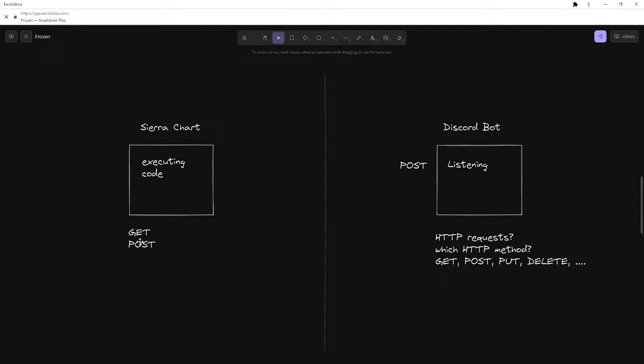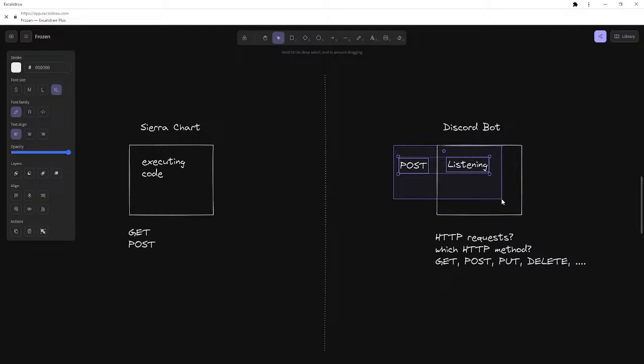Post is what you would use if you're submitting a form or larger pieces of data, or doing a file upload. All those heavier lifting operations will require a post where you can attach a more complex payload. With a get, you can't do as complex payloads as you can with a post. So, do we know what the Discord bot is listening for?